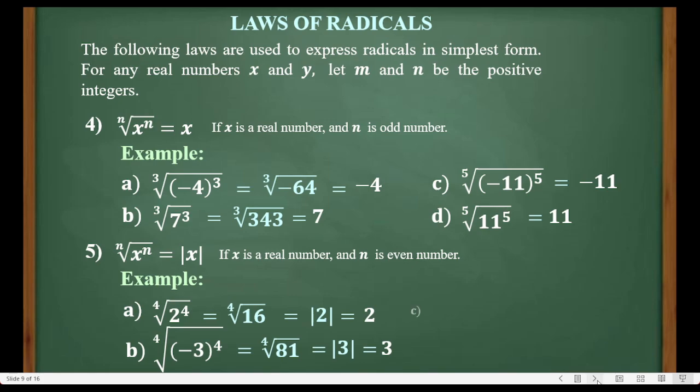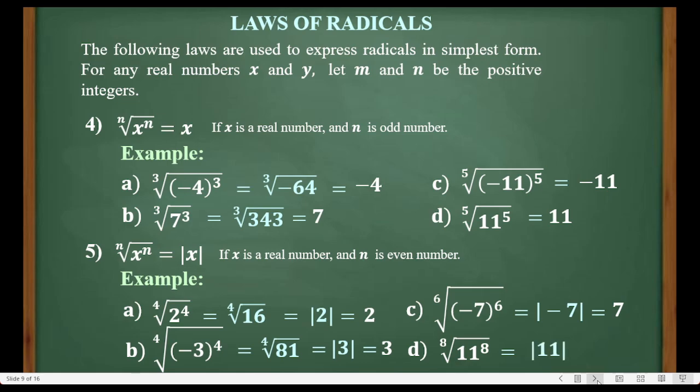Next, letter C. Sixth root of quantity negative 7 to the sixth, that is equal to the absolute value of negative 7, or that is equal to 7. And finally, letter D, the eighth root of 11 to the eighth, that is equal to the absolute value of 11, which is in turn equal to 11.